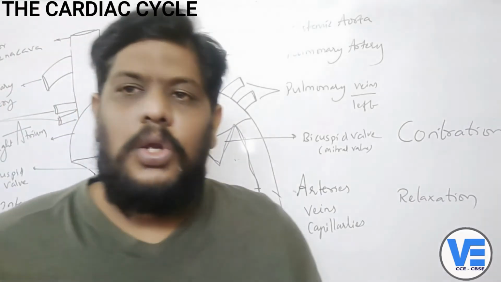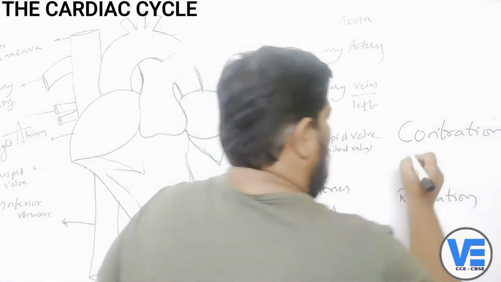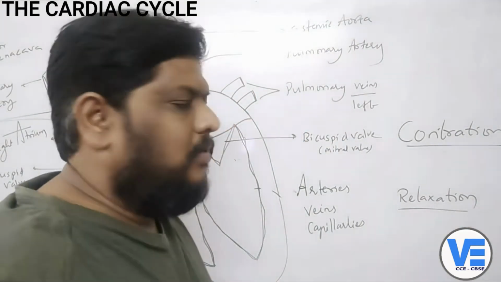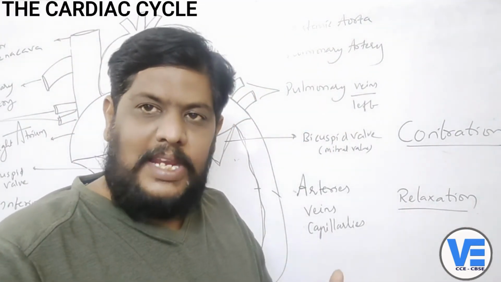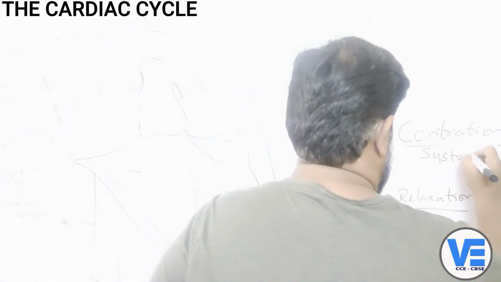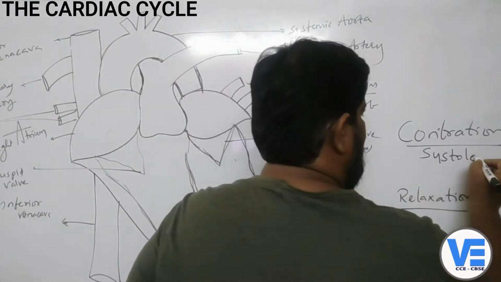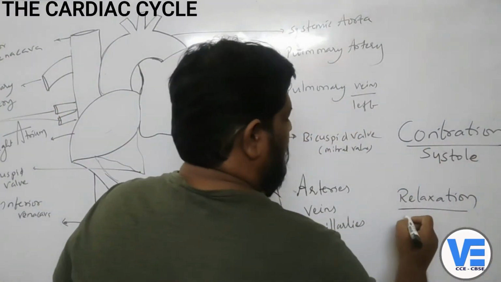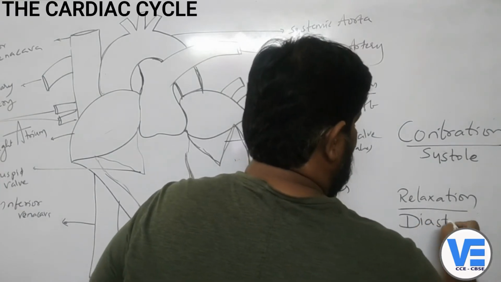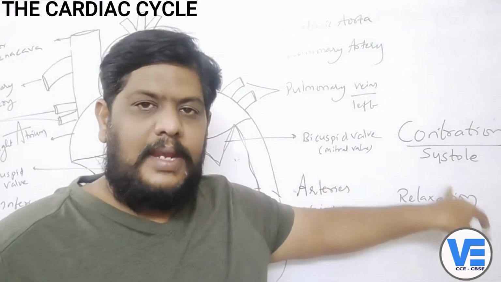So let's learn two terms now. One is contraction, second one is relaxation. The word which is used for contraction is systole, S-Y-S-T-O-L-E. And the term which is used for relaxation is diastole.